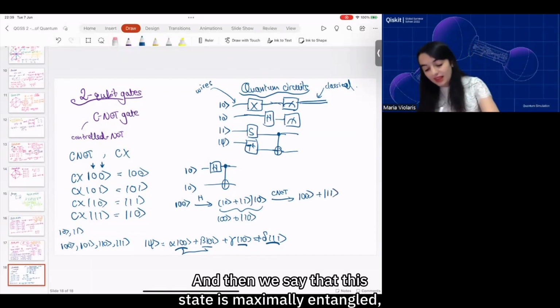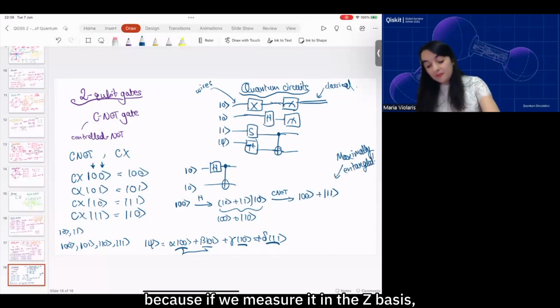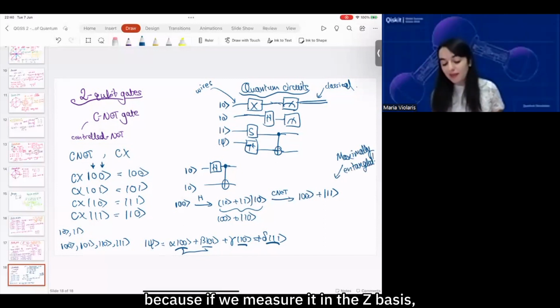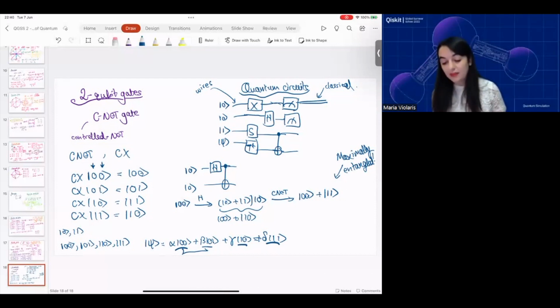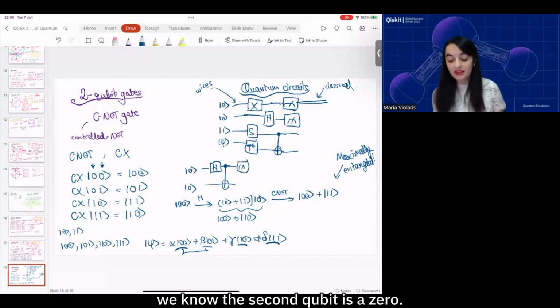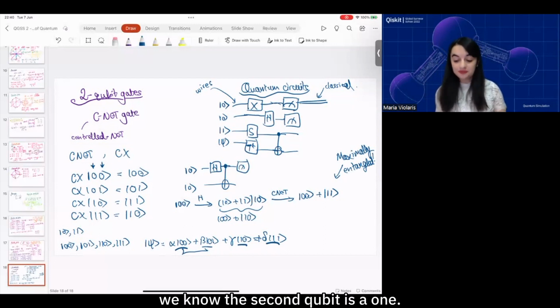And we say that this state is maximally entangled because if we measure it in the Z basis, if we measure the first qubit and we get a 0, we know the second qubit is a 0. If we measure the first and we get a 1, we know the second qubit is a 1.